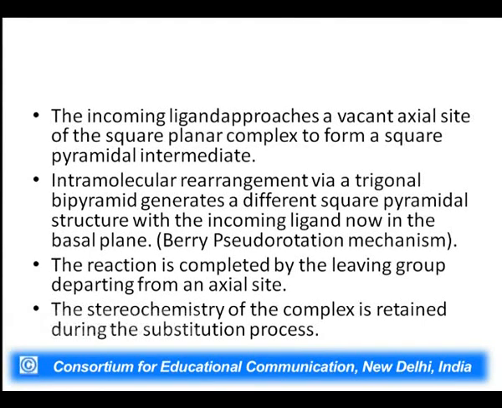Most importantly, the leaving group and the entering group occupy the equatorial positions of the trigonal bipyramid, while the ligands that are cis to the leaving group occupy the axial positions. So when the leaving group leaves, the entering group takes its position, and the retention of configuration is maintained.